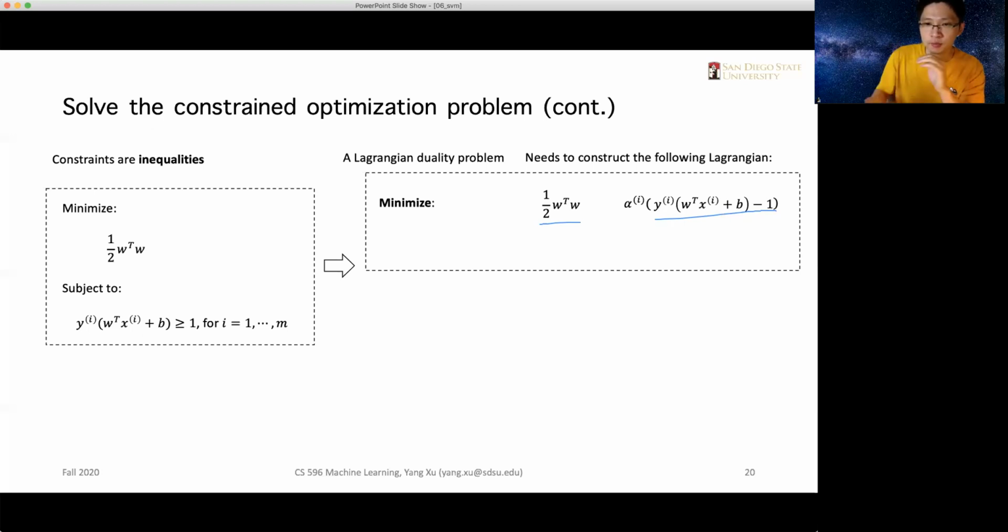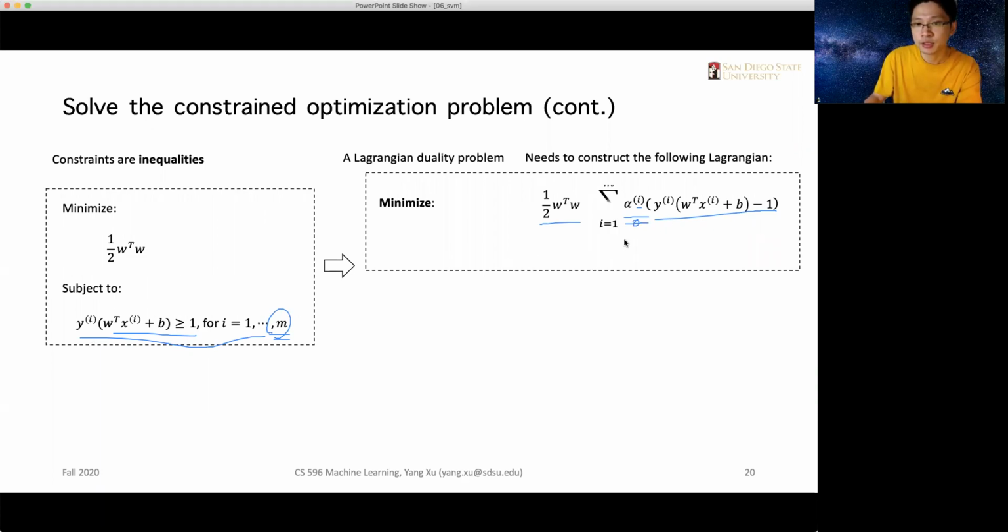One thing we notice is that we have multiple alphas, because this is actually m constraints, not a single constraint. We have m such inequalities. So for each inequality, we need a multiplier, which is alpha i, where the superscript i corresponds to the ith inequality.